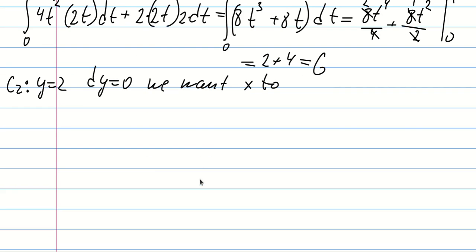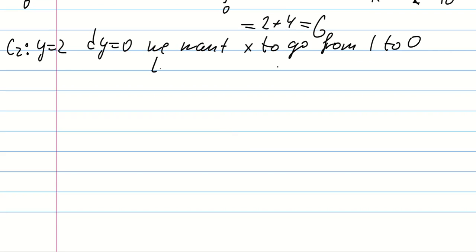This is 0. So that means x goes from 0 to 1. Actually, I'm wrong. 1 to 0, because we're moving counterclockwise.